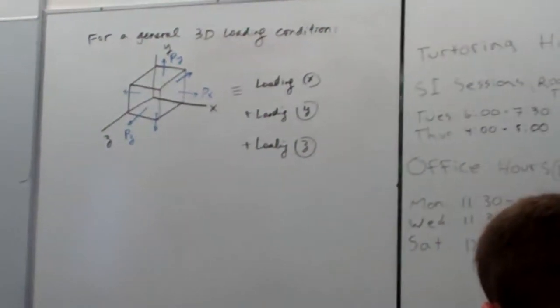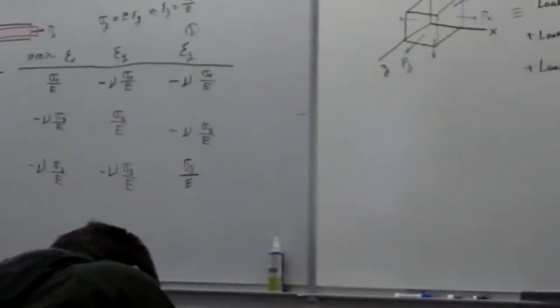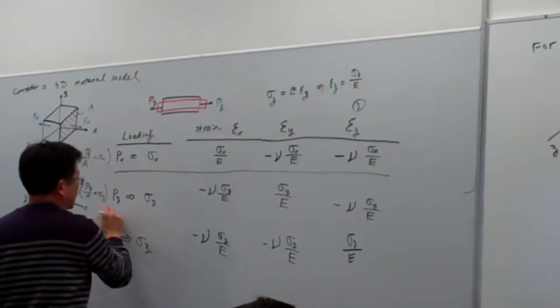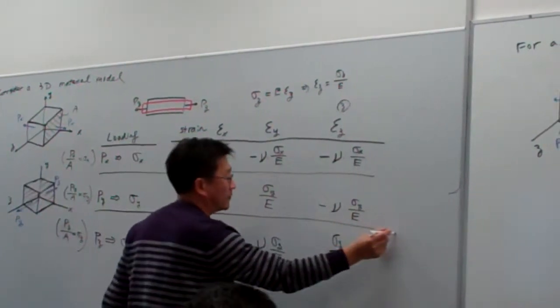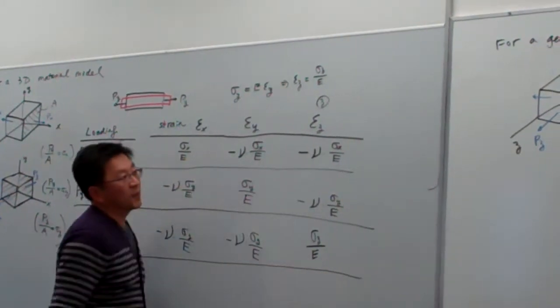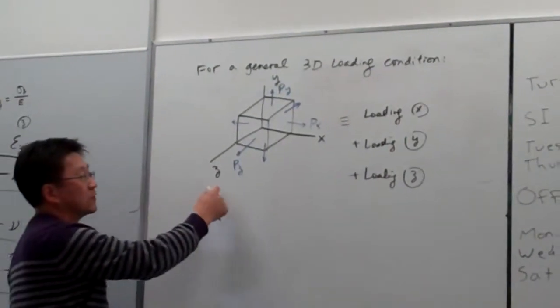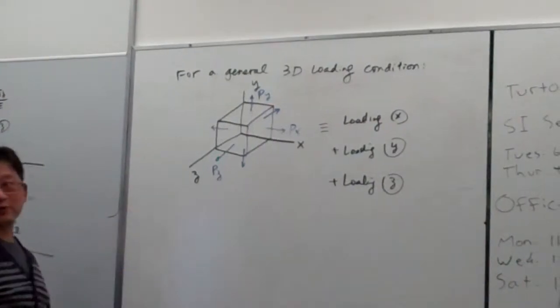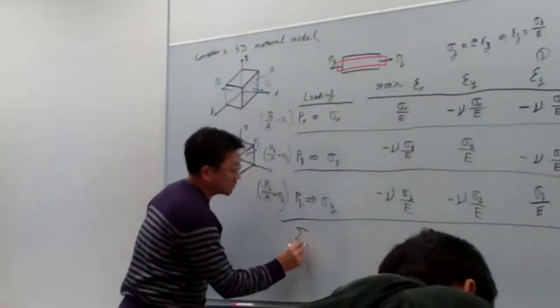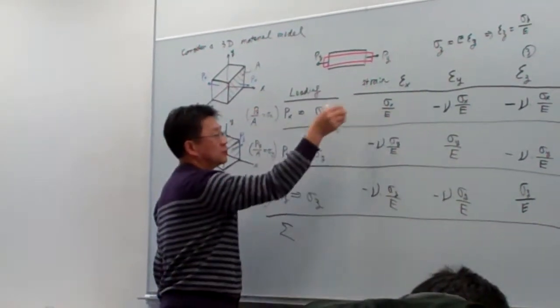Individually, the loading in the x direction is the first row, the loading in the y direction is the second row, and the loading in the z direction is the third row. Now this is the general case, so we take the superposition principle. For the general loading case, we simply take the summations of each loading case.